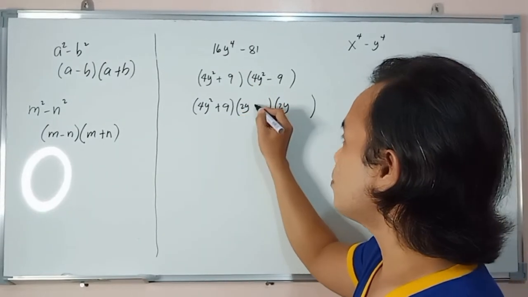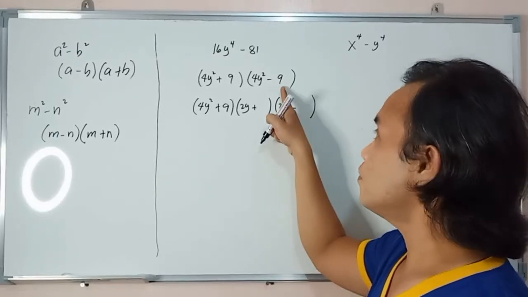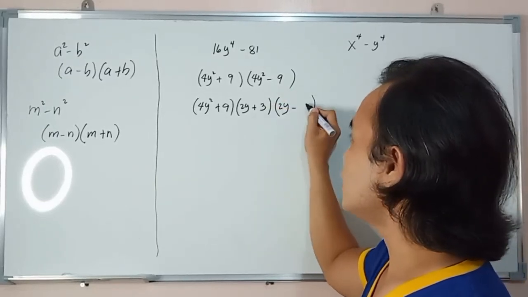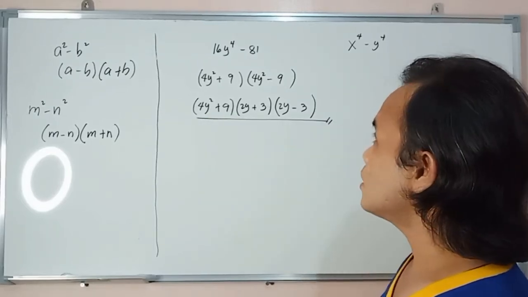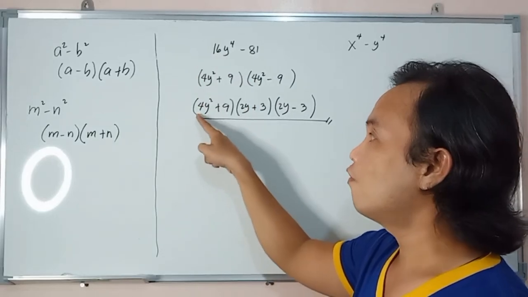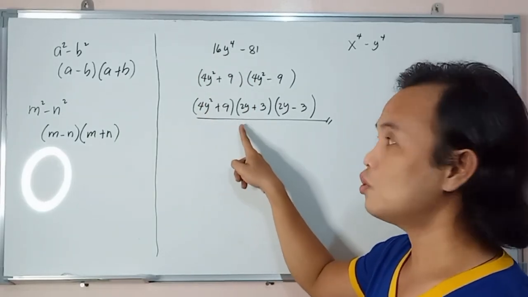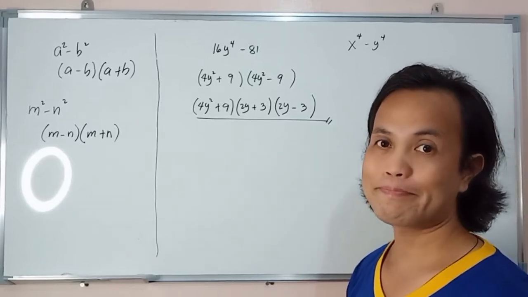So this minus, we can write plus and minus. Then the square root of 9 is 3. So we write 3 and 3. So therefore, the factors of this binomial 16y raised to 4 minus 81 are 4y squared plus 9 times 2y plus 3 times 2y minus 3.